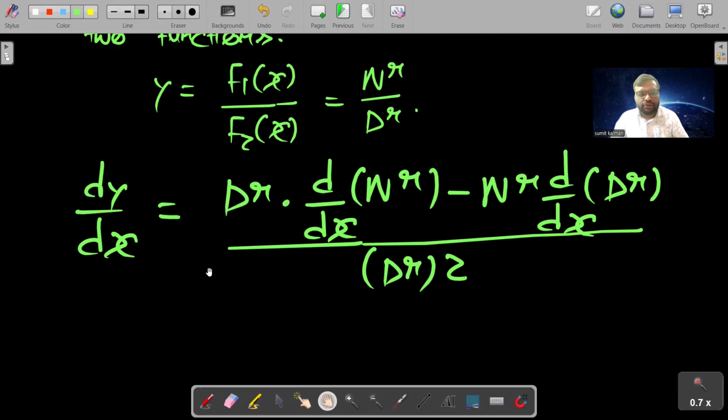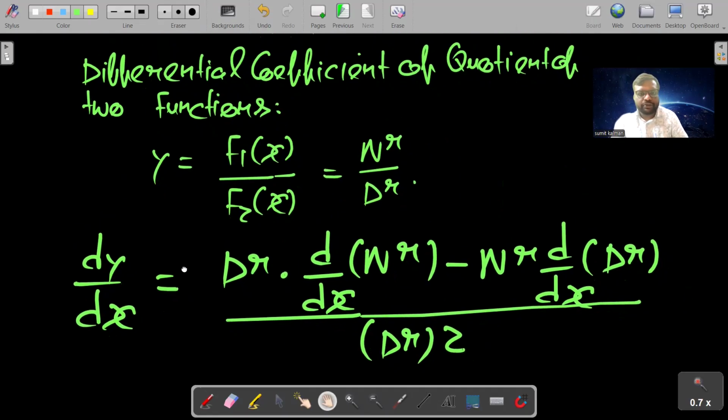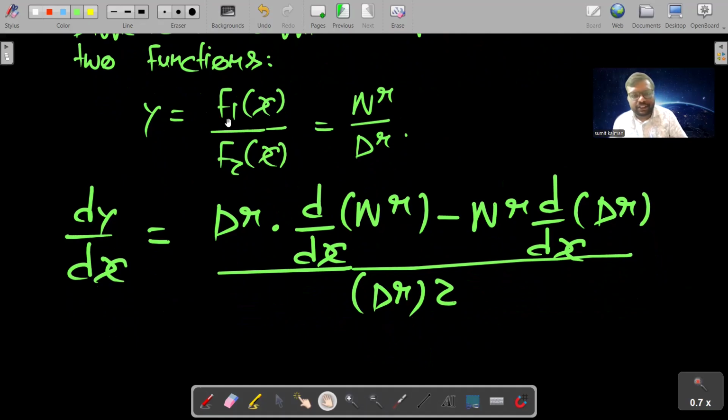So this is the rule to find the differential coefficient of the quotient of two functions when it is given in the form of numerator and denominator.